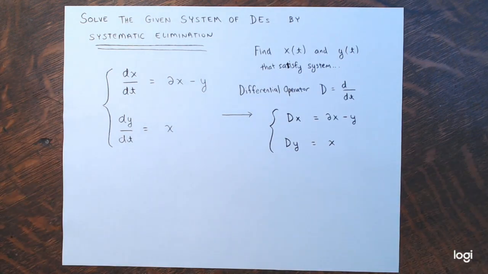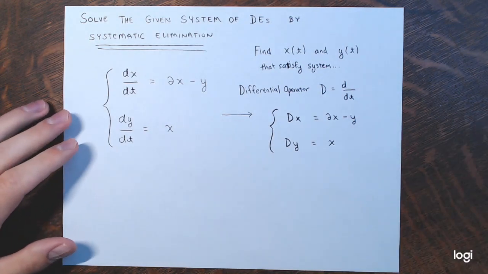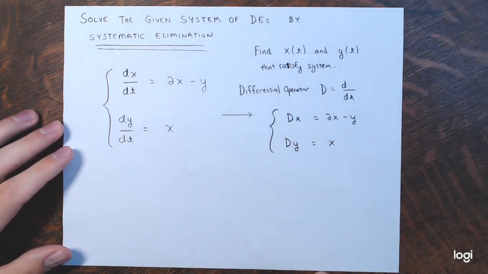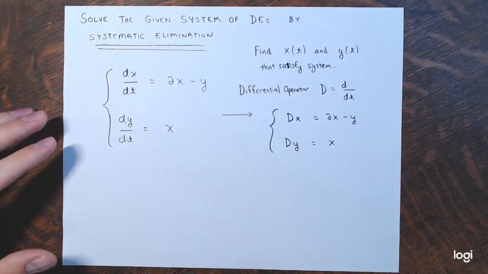And then just as you would in an intermediate algebra class, I'm going to take all the terms with the dependent variables to one side, and constants on the other. There are no terms solely in t here.